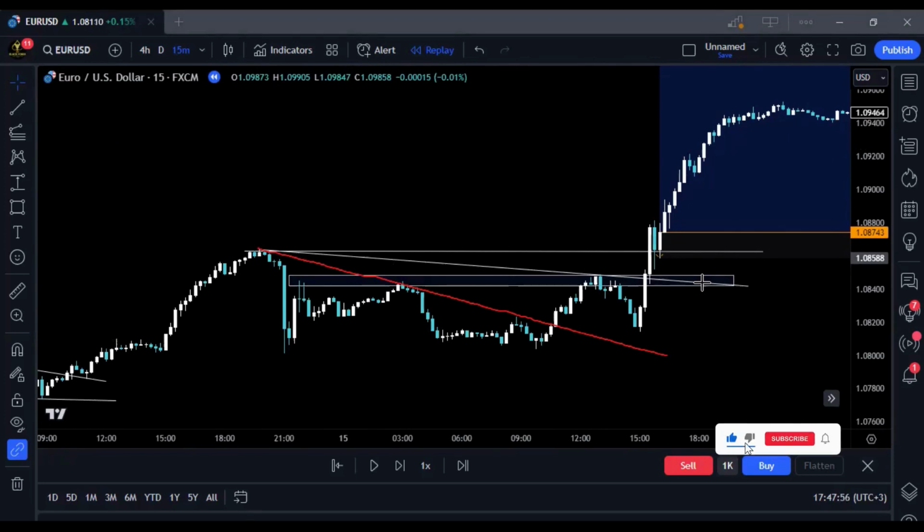Wanted to see if the trend was. So yeah, you can see here the trend actually will change. So prices created higher.